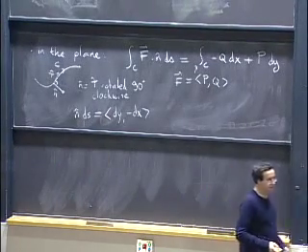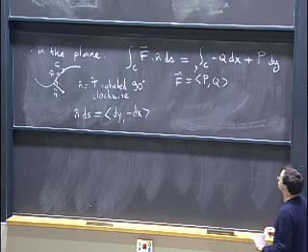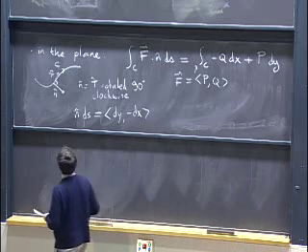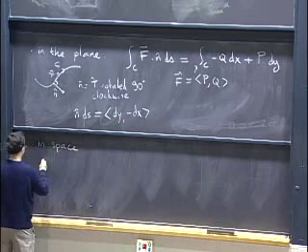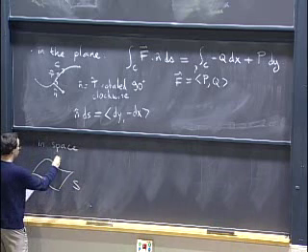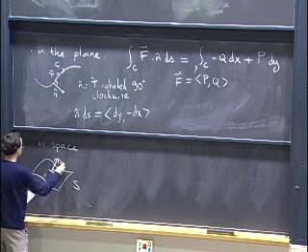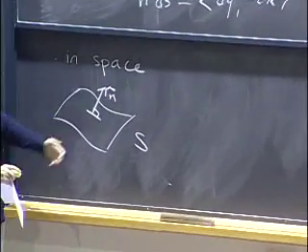Now, if we're in space, then you take flux through a surface, not through a curve. The way it will work is that you have to choose an orientation of the surface, which just means choosing one of the two possible unit normal vectors.